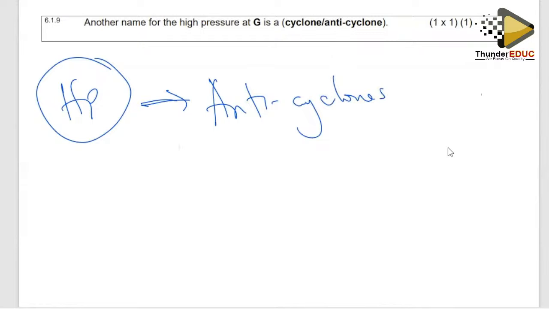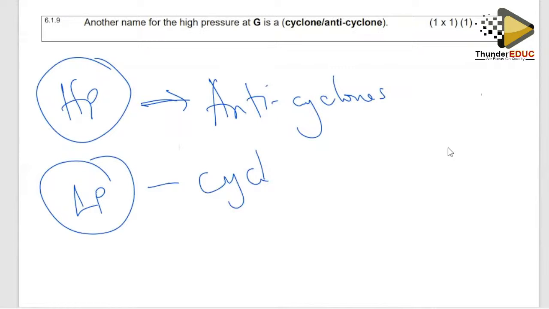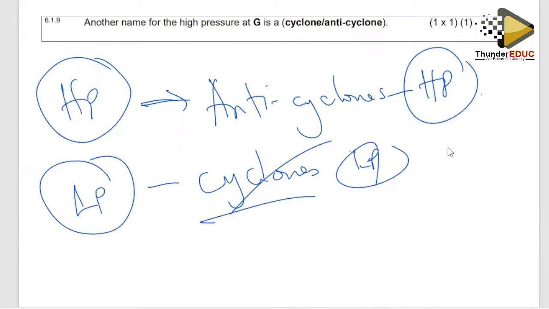So all high pressure cells are anticyclones, and low pressure cells are cyclones. So basically a cyclonic weather system is a low pressure system, and anticyclonic is a high pressure system. Always remember these two: high pressure anticyclone, low pressure cyclone. That is basically what we're supposed to focus on when you're looking at synoptic weather maps.